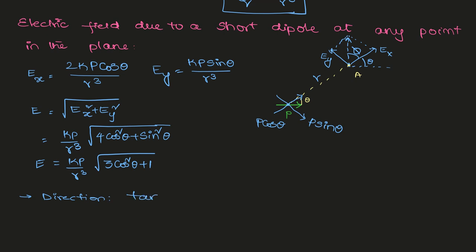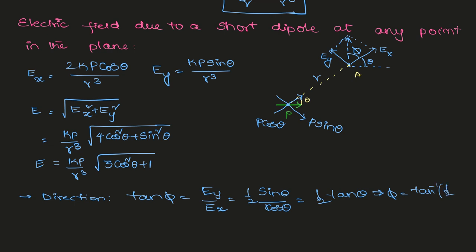If I assume this angle as phi, and with the horizontal this line is already making an angle theta, then for direction, tan phi will be equal to Ey by Ex, that is Kp sin theta by R cube over 2 Kp cos theta by R cube. Kp by R cube gets cancelled. We are left with half sin theta by cos theta, which is half tan theta, so phi will be equal to tan inverse of half tan theta.